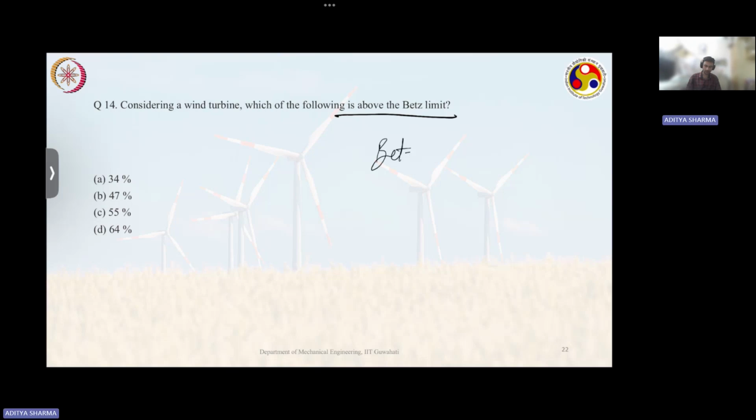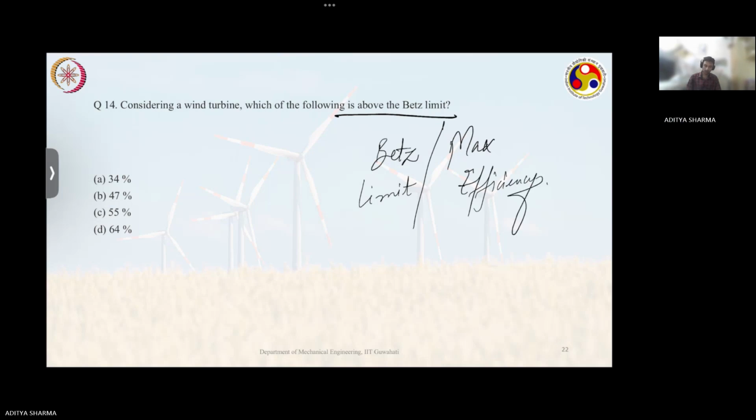Now, what is Betz limit? Betz limit is the maximum efficiency of your wind turbine, which is 0.593, or this.